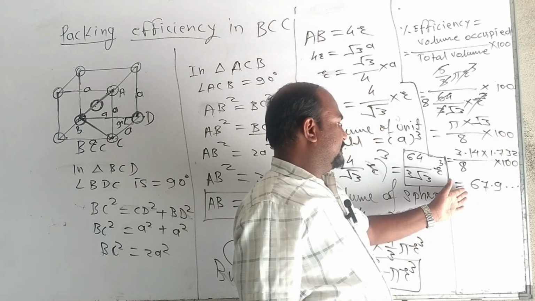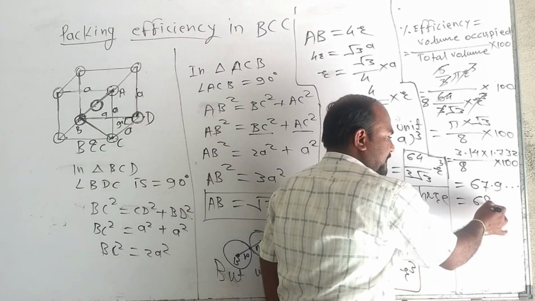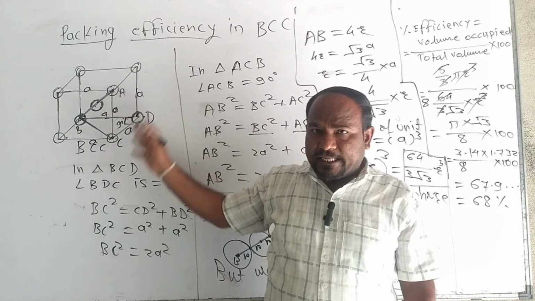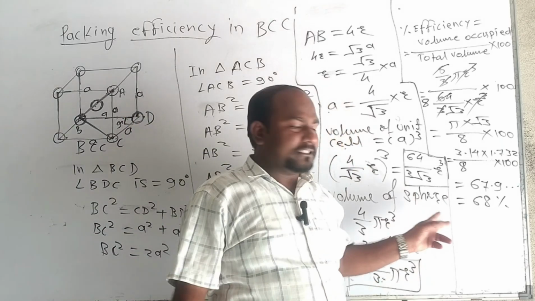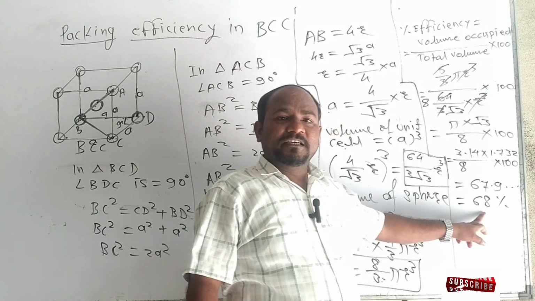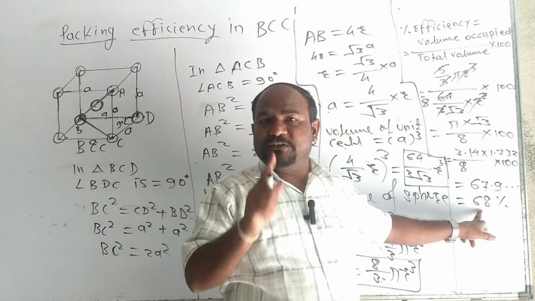So we will simply take it as 68%. So the percentage of the BCC unit cell occupied by the particles is 68%. Okay, got it?